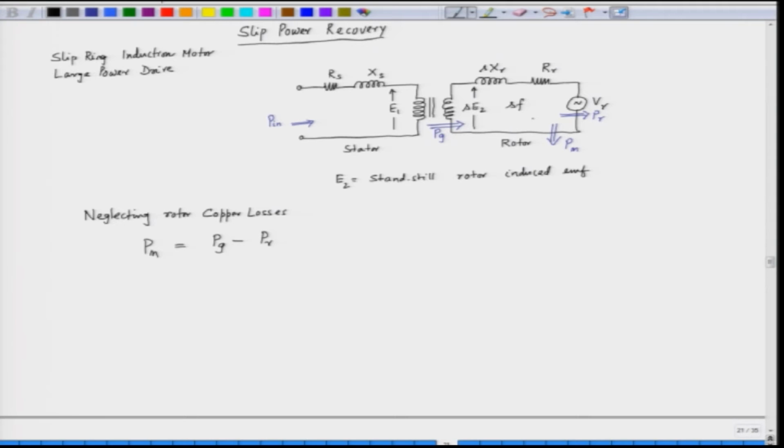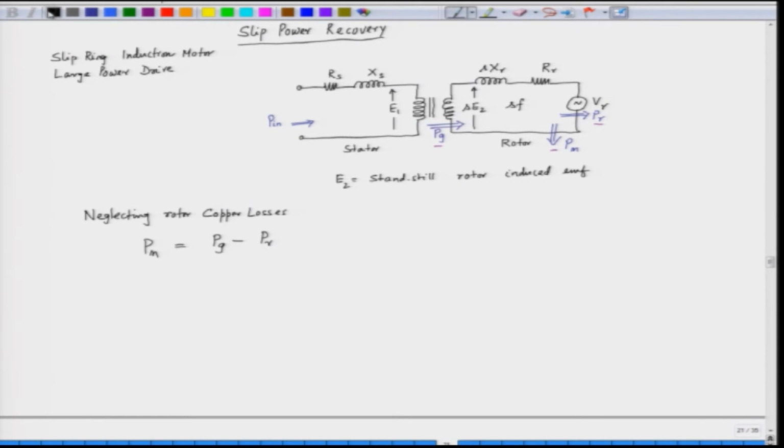So, we have this power as the input power, then the power which is recovered by the voltage source, that is Pr, and the power which is converted to mechanical power is Pm.